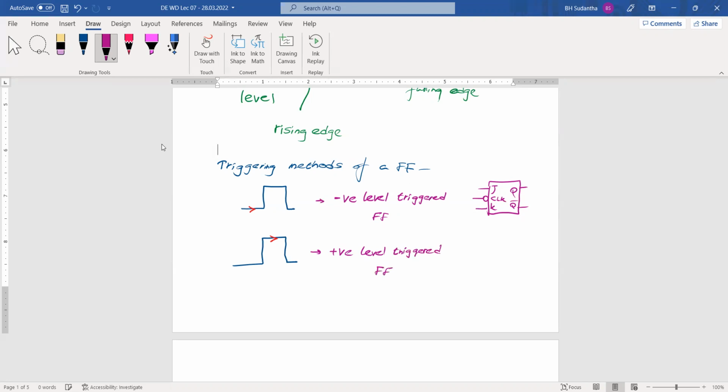Positive level triggered flip-flop. For such flip-flops, this is the way the clock input is drawn.